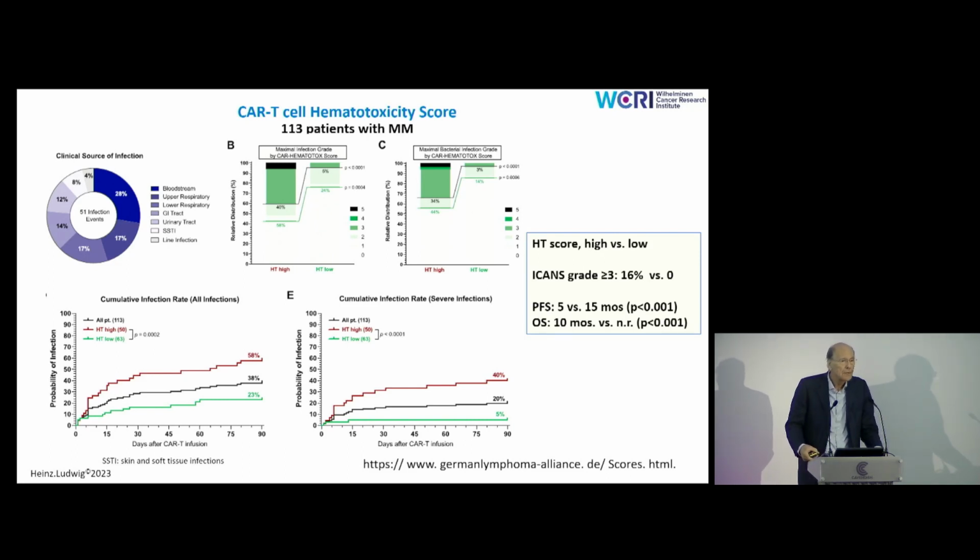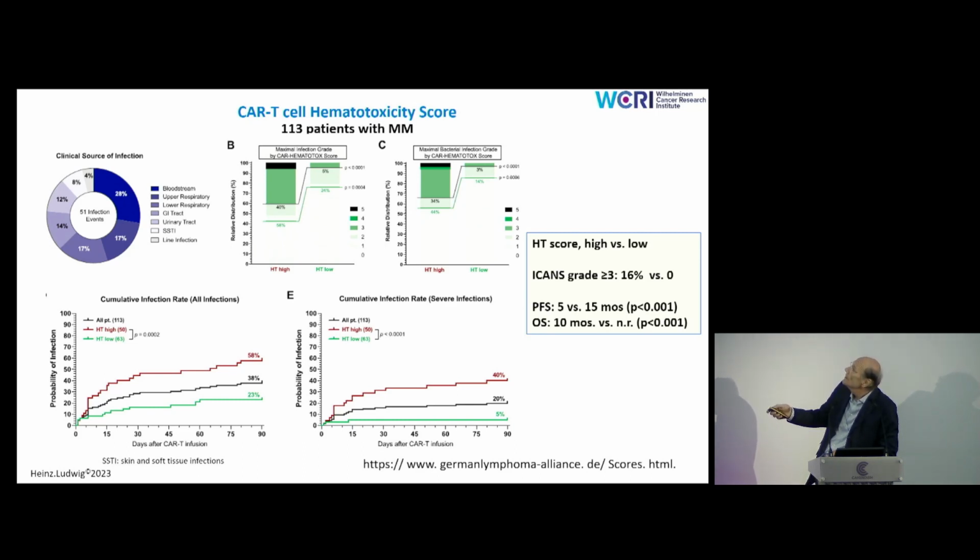So the lower respiratory tract infection is usually the consequence of a viral infection, which is a door opener for bacterial infections later on. And here, again, you have the difference between patients with a high score, they have much more severe infections in general, and infection-related mortality.